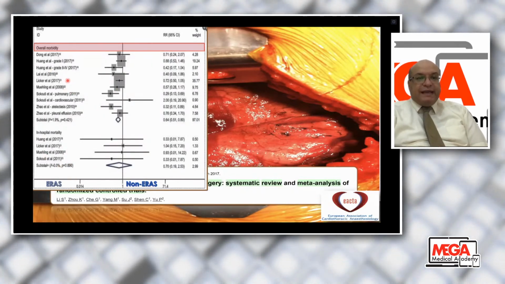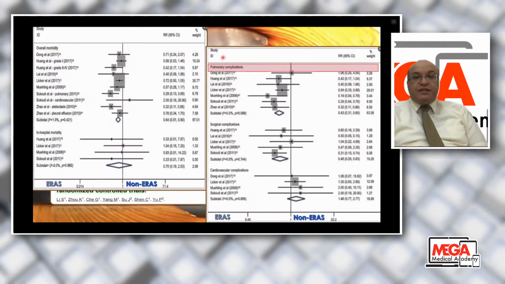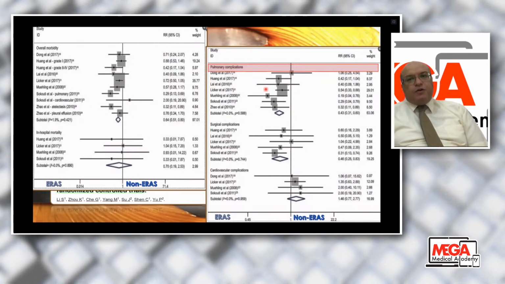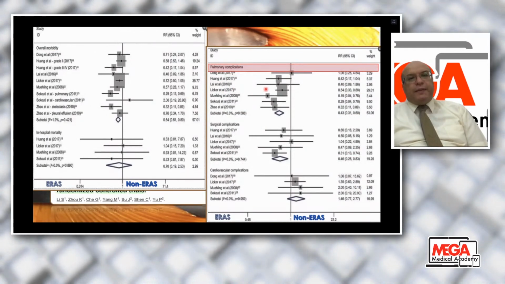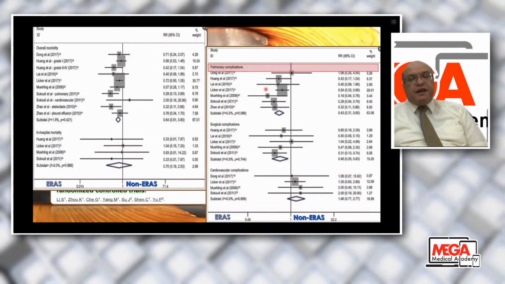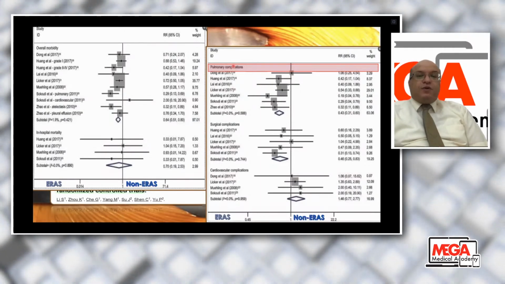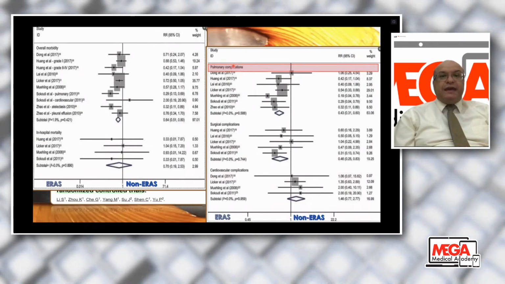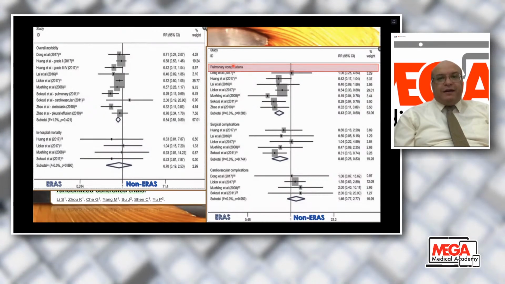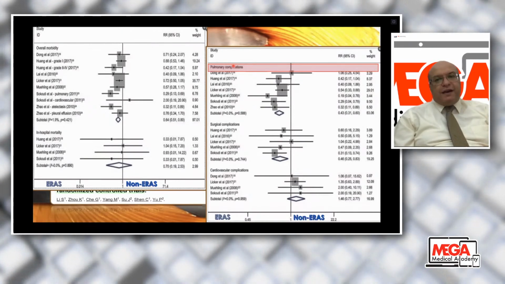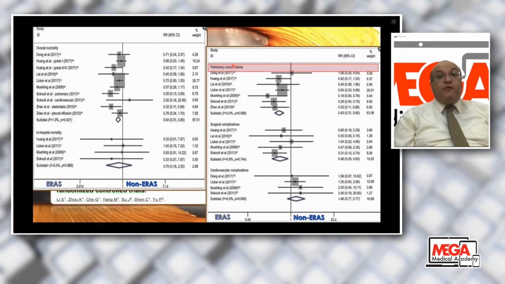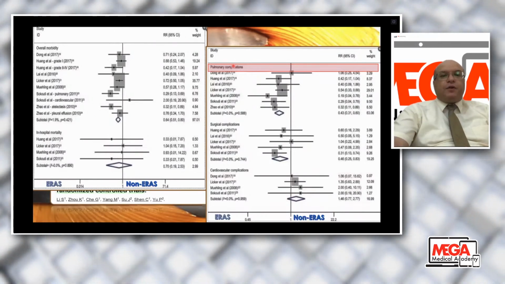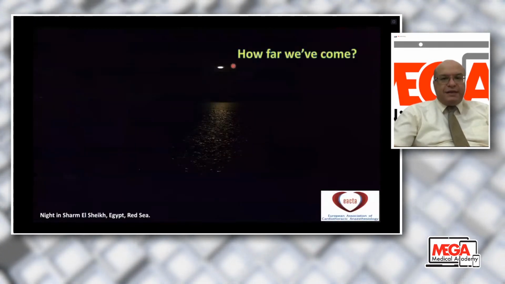Additionally, complications are fewer, particularly postoperative pulmonary complications, which are one of the most common nightmares for thoracic anesthetists. So enhanced recovery protocols after thoracic surgery translate not only into reduced healthcare cost, but also improved clinical outcomes in terms of lower mortality and lower postoperative pulmonary complications.